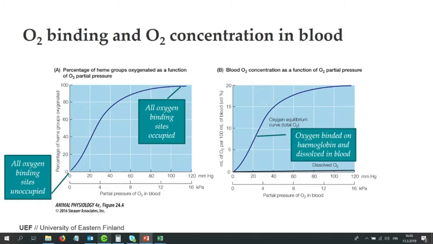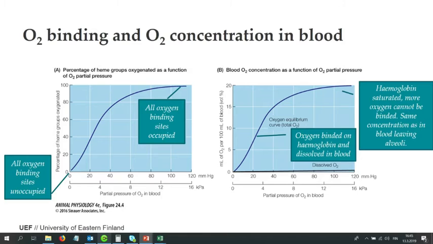So the oxygen can be binded in hemoglobin or it can be dissolved in the blood, but this dissolved oxygen is very minimal compared to the oxygen that is carried with the hemoglobin. And in high partial pressure of oxygen, all the hemoglobin is saturated, so that it cannot carry more oxygen with the hemoglobin at all.